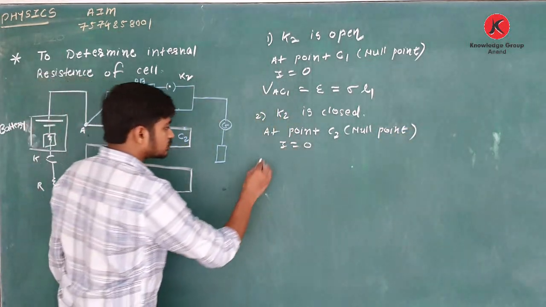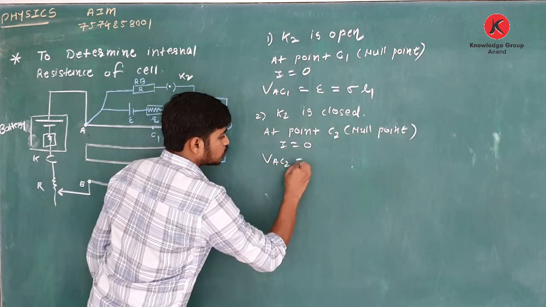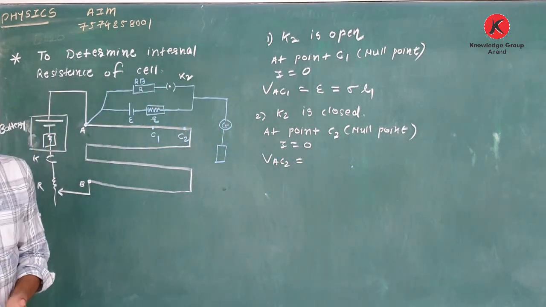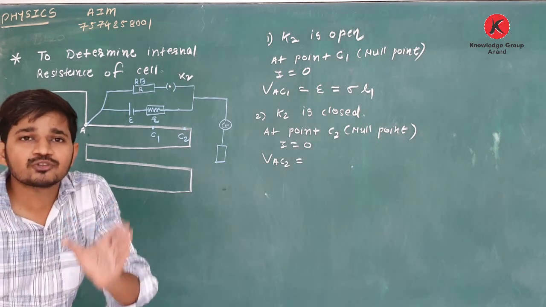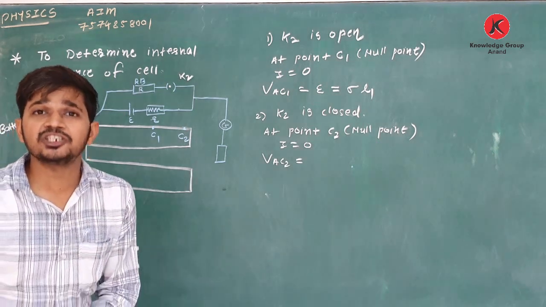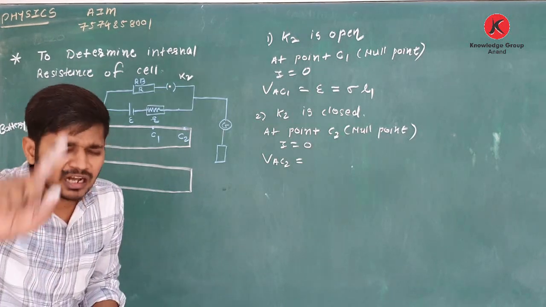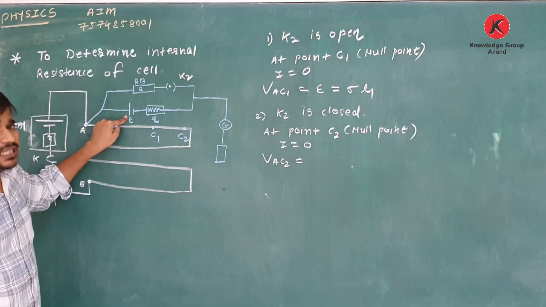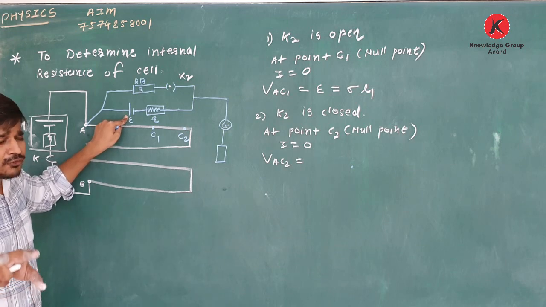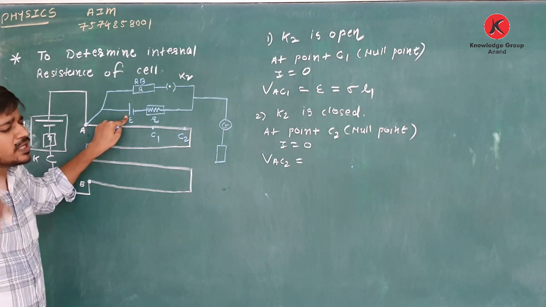Then in this situation VAC2 is equal to, now see, it is a resistance, and between the two ends of a resistance we have potential difference, not EMF. When current flowing from a cell is 0, we know that the potential difference between the two ends of the cell is equal to EMF.